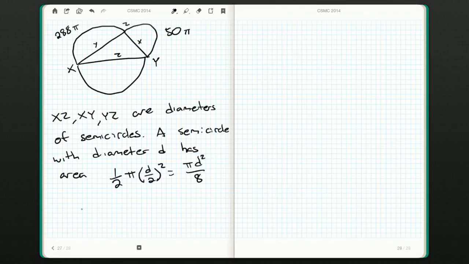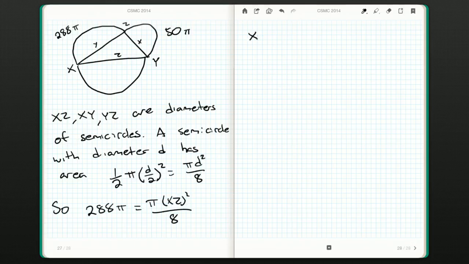Okay. So 288 pi is pi times XZ squared over 8. I don't know why I keep saying YZ. It's XZ. So XZ squared is going to be 8 times 288 times pi divided by pi.